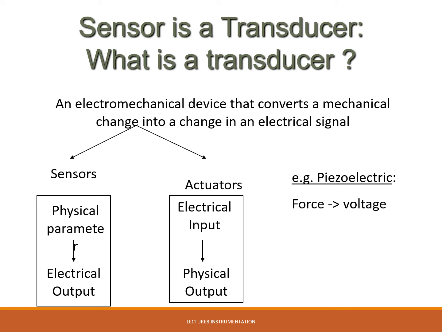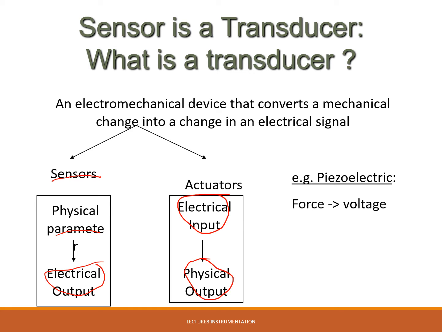This is because transducer is divided into two groups. Okay, the first one is sensor, where sensor is measuring physical parameter, and it will convert into electrical output. Then the second transducer type is actuator. So actuator is an electromechanical device that receives an electrical input, then it will convert into physical output.